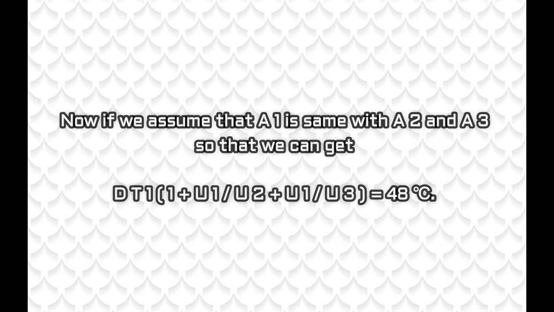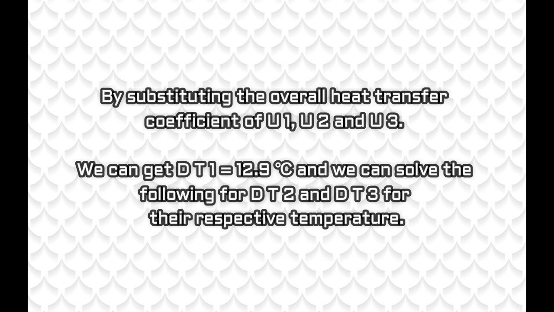Now if we assume that A1 is the same as A2 and A3, we can get dt1 times (1 plus U1 over U2 plus U1 over U3) equals 48 degrees Celsius. By substituting the overall heat transfer coefficients U1, U2 and U3, we can get dt1 equals 12.9 degrees Celsius. And we can solve similarly for dt2 and dt3 to get their respective temperatures.